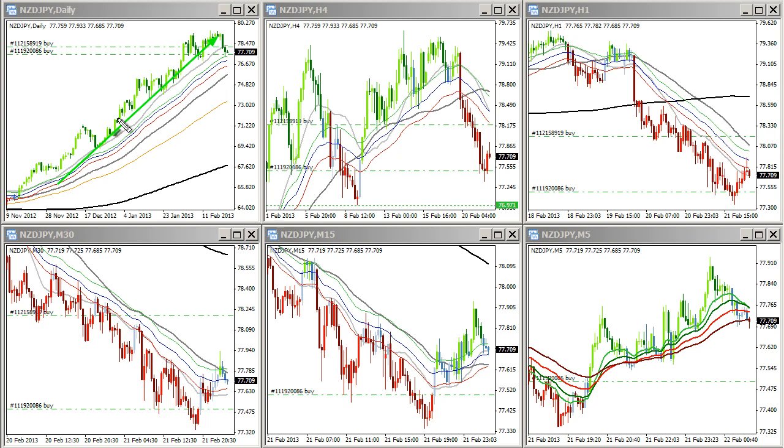I'm just talking about a filter right now, not even a tradable setup. Sometimes finding the right time frame to trade and the right direction to trade it in is the biggest challenge. So if I have an uptrend here, which I most definitely do, I want to say that I'll trend follow on any of the time frames. I'll take a buy on any time frame if it sets up.